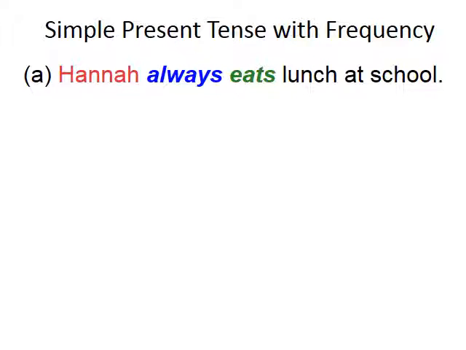Okay, so let's first look at a couple of them. When we are using most verbs, we're going to put the frequency word, in this case always, between the subject and the verb. So in this sentence, Hannah always eats lunch at school. Hannah is the subject, eats is the verb, and always is the frequency word.